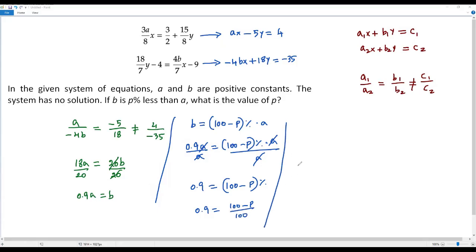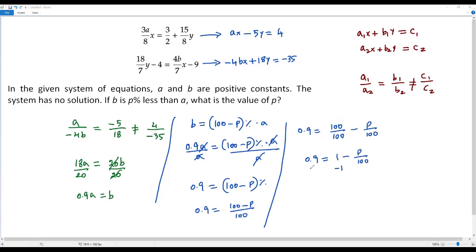Here 100 is a common denominator for 100 and negative p. Now we can take this 100 as denominator for 100 and negative p separately. Then I'm getting 100 over 100 minus p over 100. When I simplify this, 0.9 equals 1 minus p over 100.